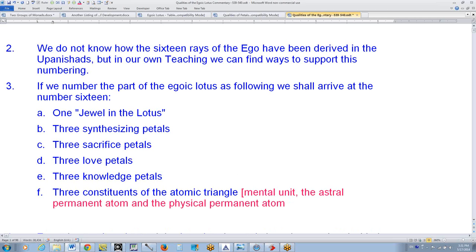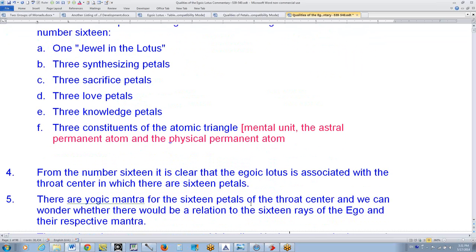So we can see a 16 there, 3 5s, and the jewel in the lotus. There's so many different ways to count, and each one of these ways is significant.